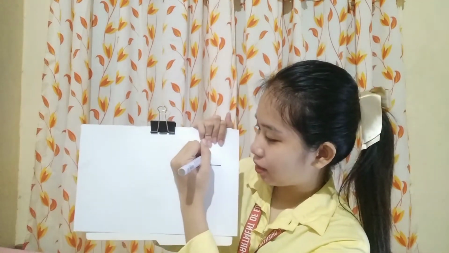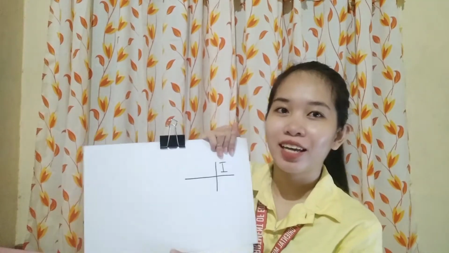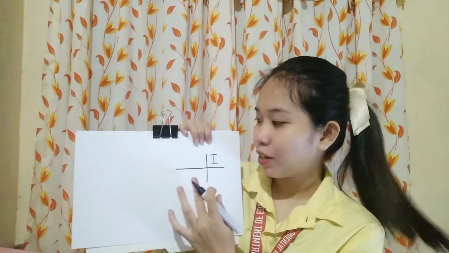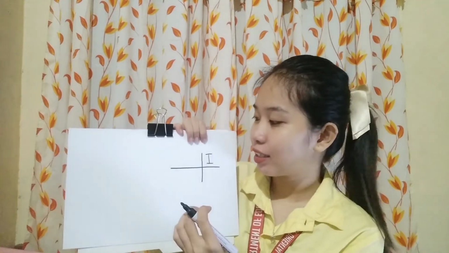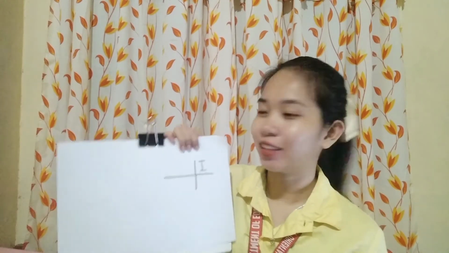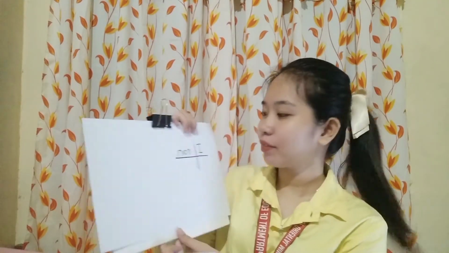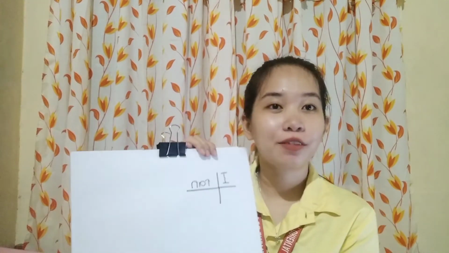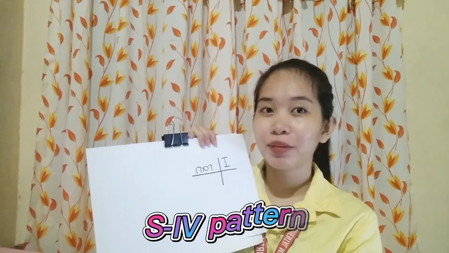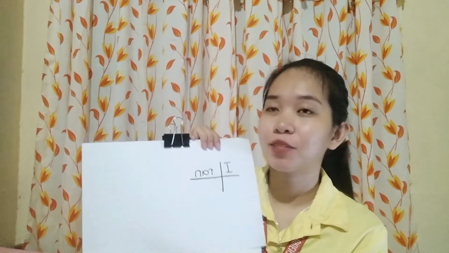I is our subject in the sentence. On the right side, we will write the predicate or the verb in the sentence, which is ran. Because ran in this sentence acts as an intransitive verb, it does not have a direct object or indirect object.